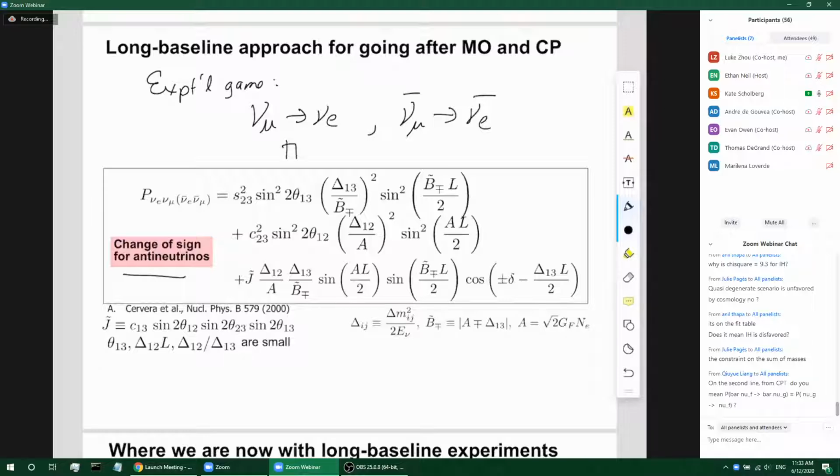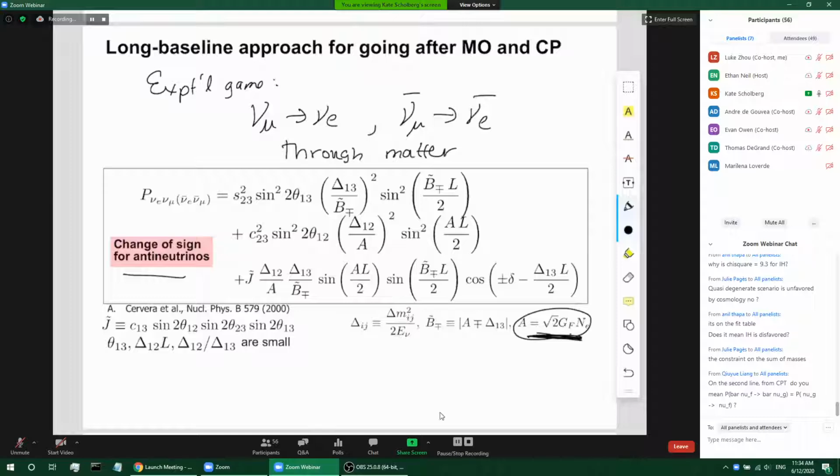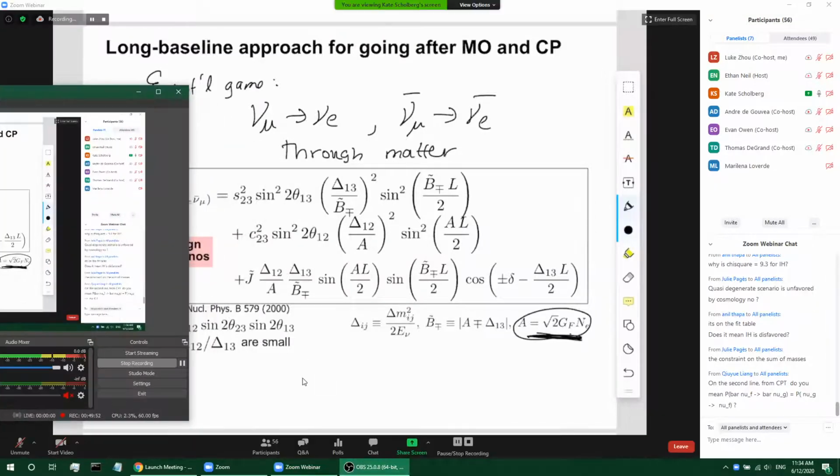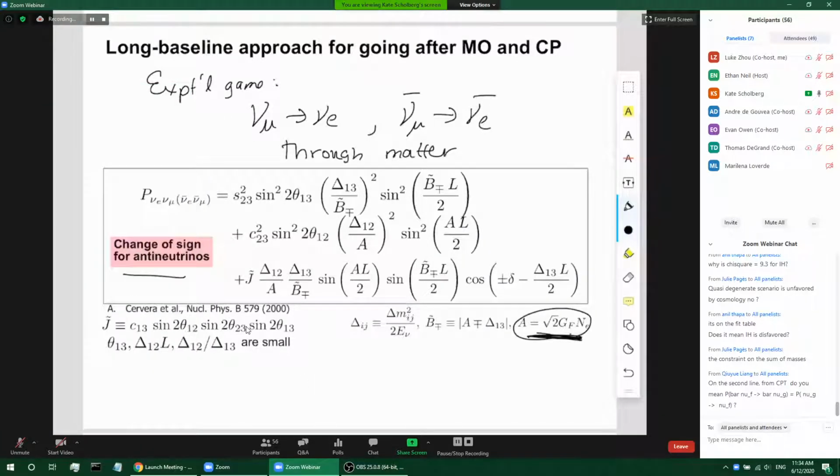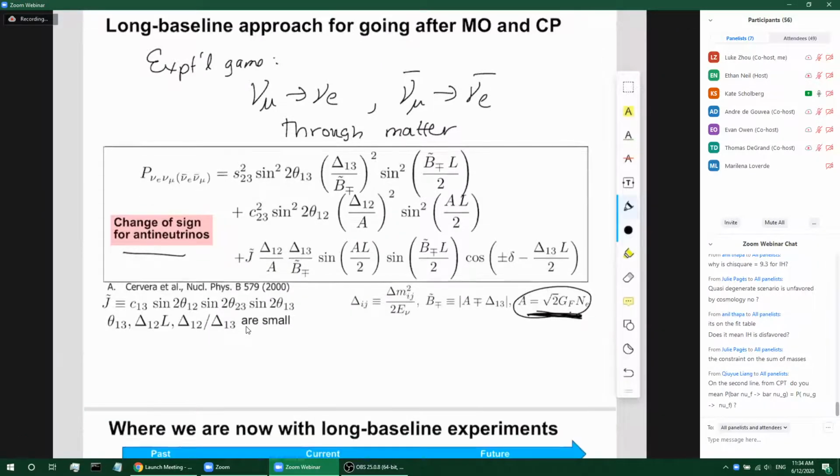And through matter, where in principle you know what the matter density is, and that matter density shows up here, it's this A that shows up in various places, fit the heck out of it, gather as much information as you can as a function of energy and baseline, and throw in all the information you have and try to extract the information. This is hard, but it's doable.